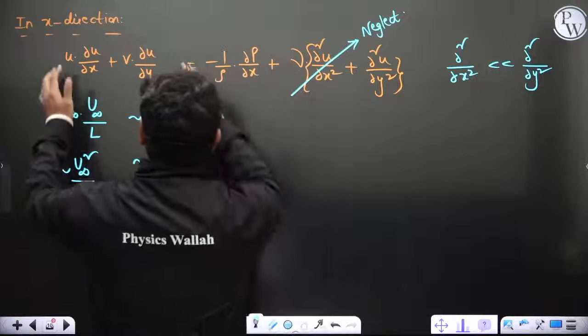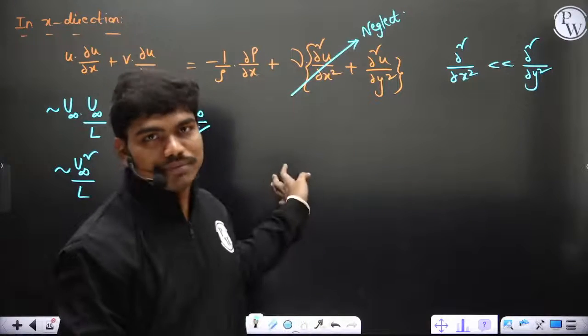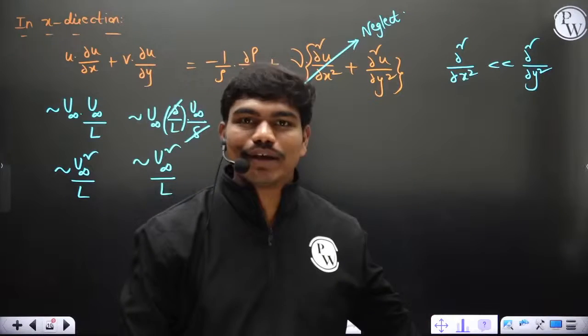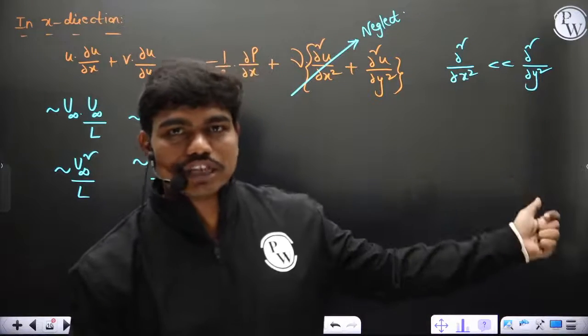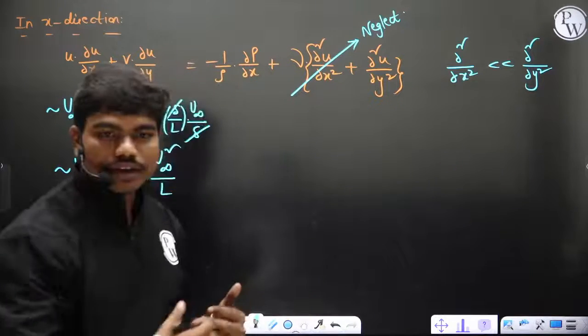Now if you see inertia, pressure and viscous, you will find an interesting thing. You cannot eliminate any of them. Nothing will come out as delta by L like you got in the y direction, and nothing will come out as 1 by Reynolds number either. Normally you can do that as an exercise.